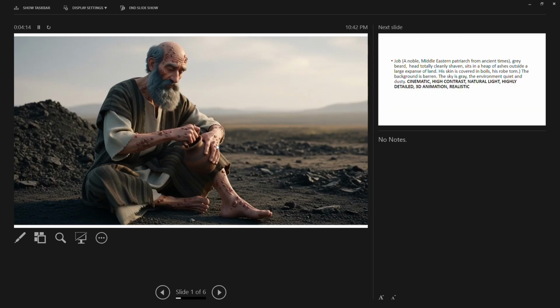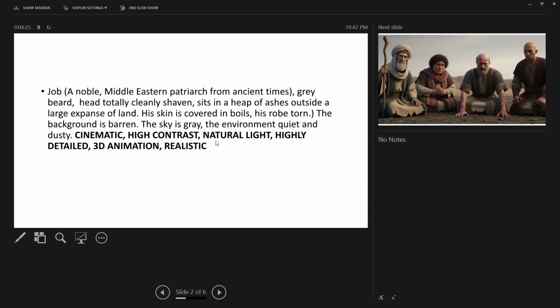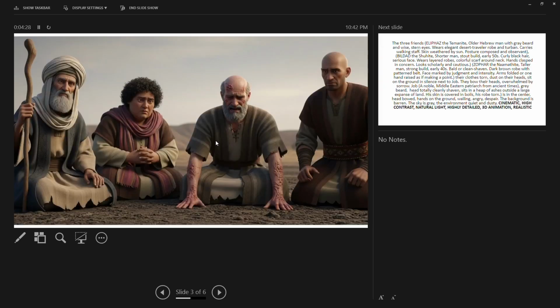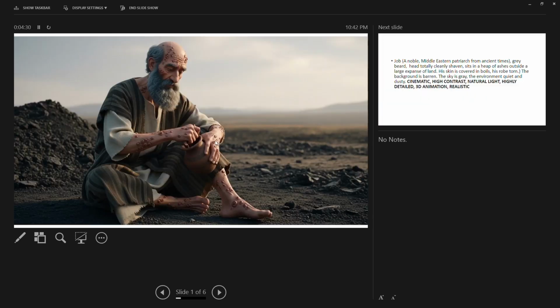So AI generated it in this way, with a large expanse of land stretching far beyond. And then it goes to his skin is covered in boils. His robe is torn. Honestly, in this image the robe was not torn enough as I would have loved it.